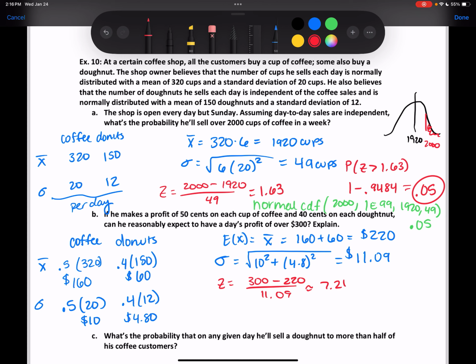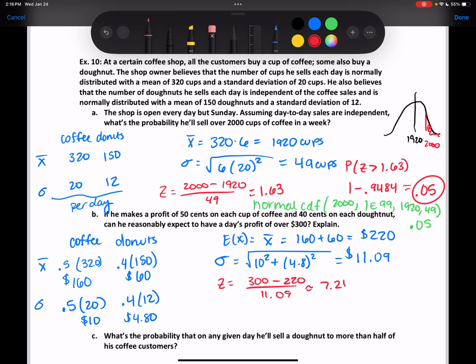All right, now look at your chart again for the positive ones. I don't think we're going to find that. So what does the note at the bottom say? For z greater than or equal to 3, areas are 1 to 4 decimal places. That just means 1.0000 or whatever.